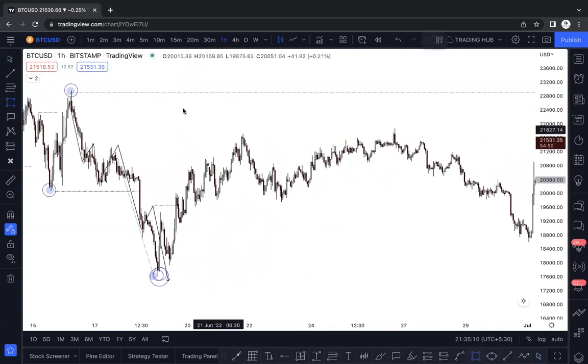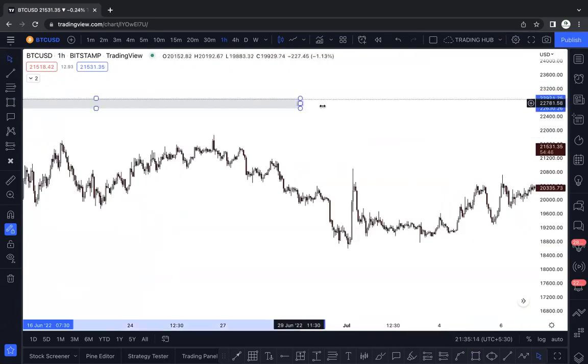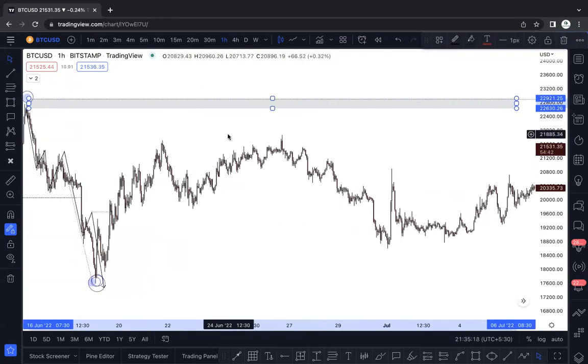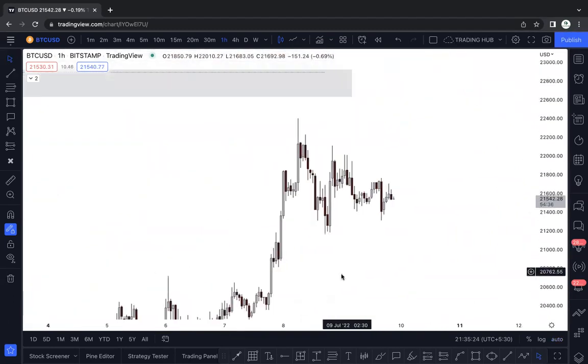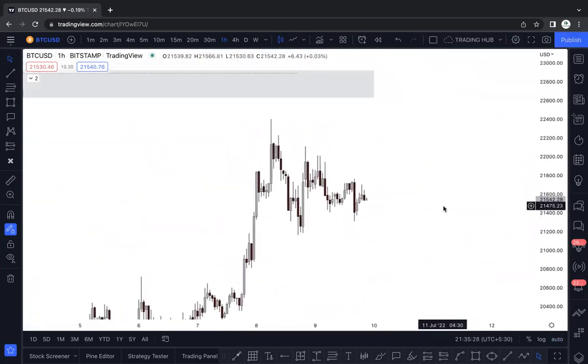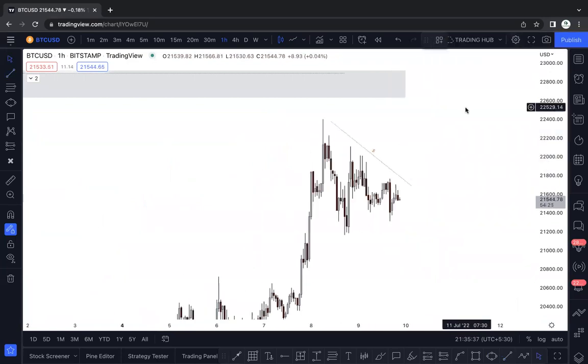Once market taps this supply zone, then we can see a downside move. Because we are in a bearish market, once market taps here, I would like to sell here. And then you can see market creating liquidity.